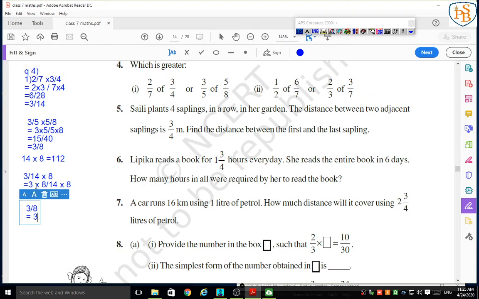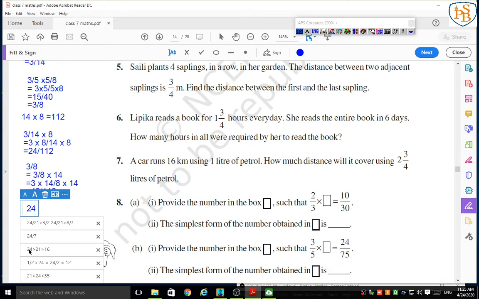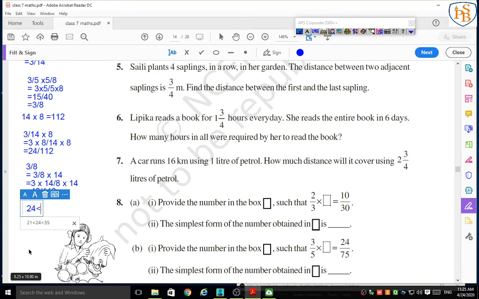Next, for 3 upon 8 we have to multiply by 14. So instead of that we write 3 into 14 upon 8 into 14. So we get 14 3s are 42 upon 112. So 24 is smaller than 42.